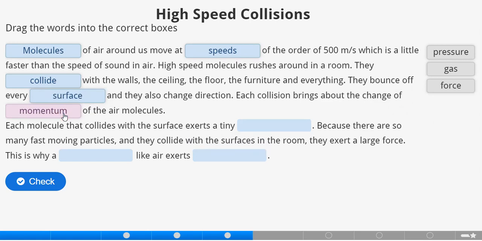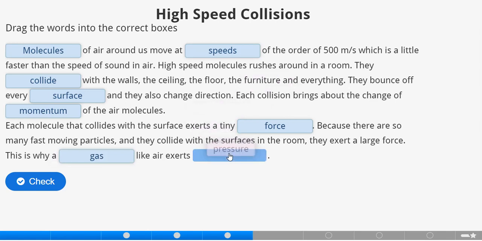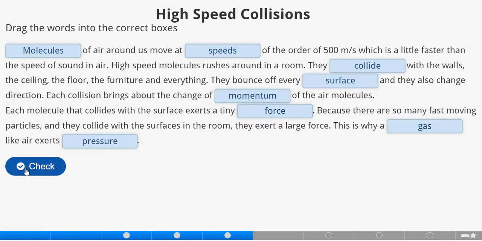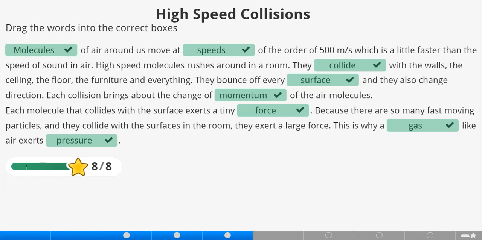Each molecule that collides with the surface exerts a tiny force. Because there are so many fast moving particles and they collide with the surfaces in the room, they exert a large force. This is why a gas like air exerts pressure. Let's check. Correct.